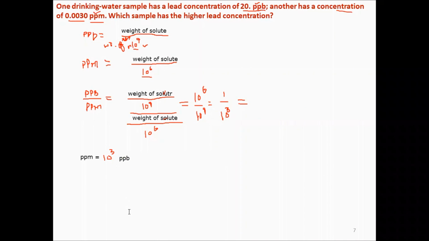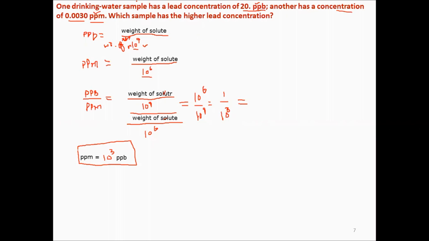That is the simple formula. You can remember it to convert ppm to ppb: ppm is equal to 10 raised to the power 3 ppb. Okay. Now let us come to the numerical.